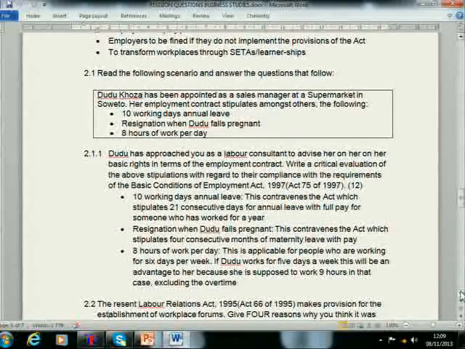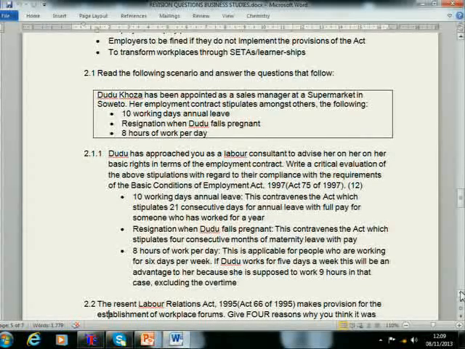The act stipulates this clearly, that people who are pregnant would be given a maternity leave for 4 consecutive months with pay. So if this appears, it means with the knowledge that you have, you will be able to say, but this contravenes the act, because the act allows people to actually go on maternity leave with pay.